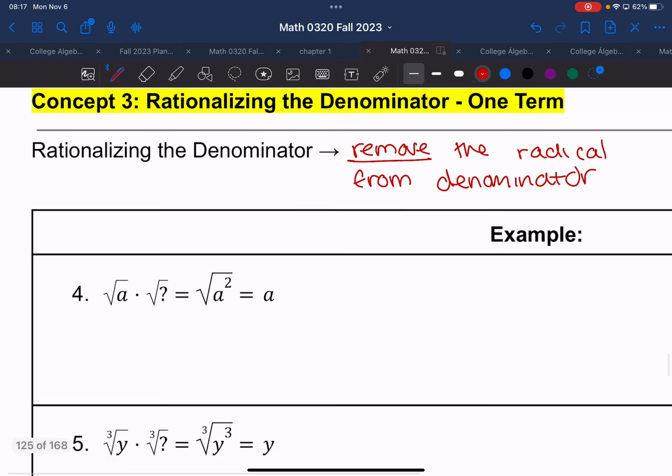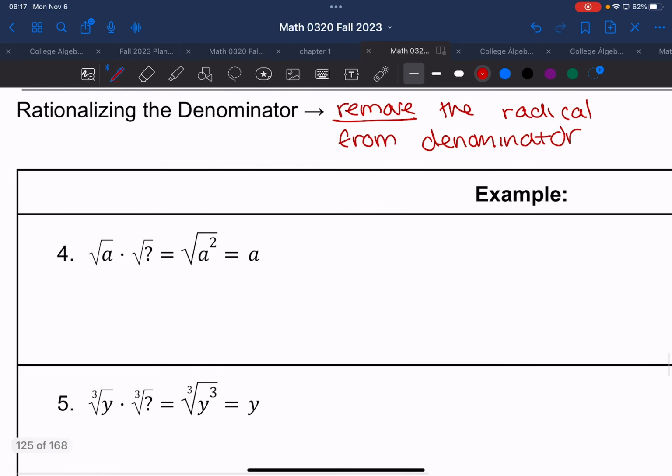Okay. So on number 4, it says the square root of a times the square root of something, it's a mystery, we're trying to figure that out, is equal to the square root of a squared, which is a. What would have to be right here where this question mark is to make this statement true?